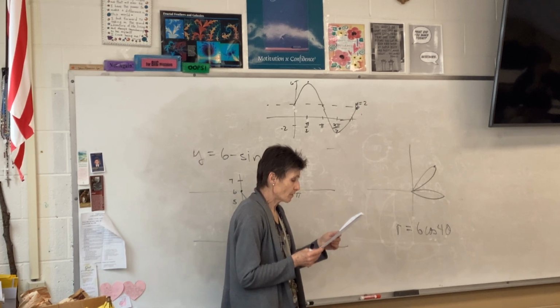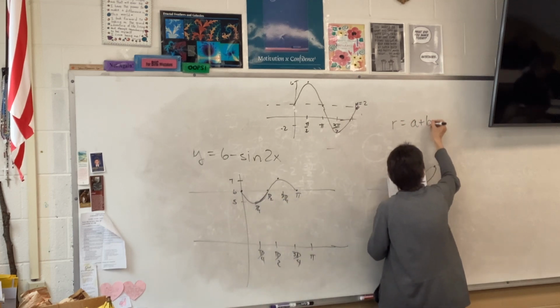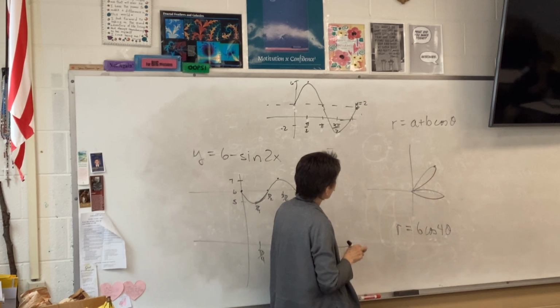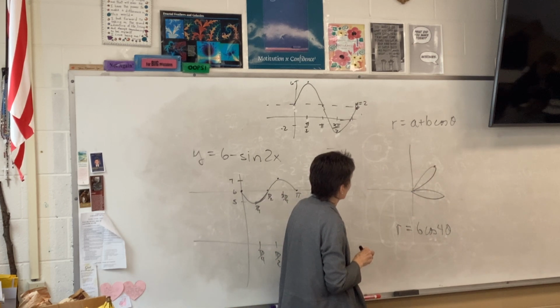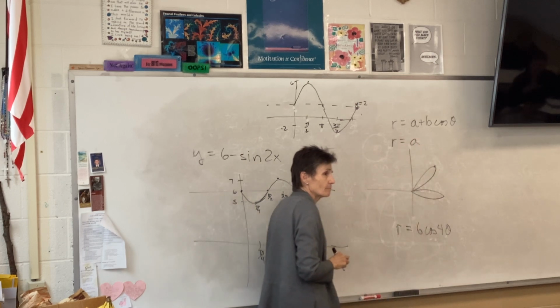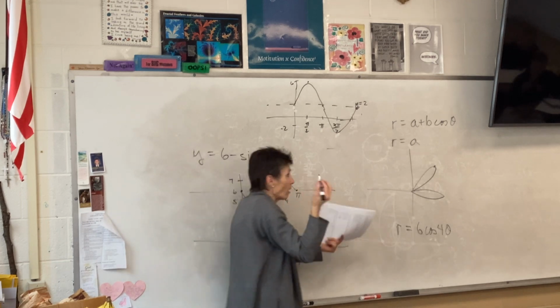Describe the graph of r equals a plus b cosine theta when b is 0. Well, wouldn't that just be r equals a? Yes. So like r equals 5.